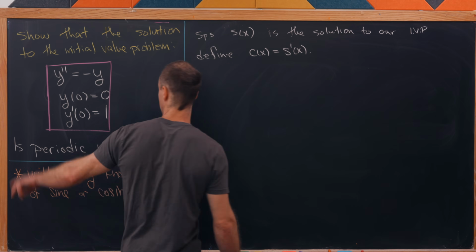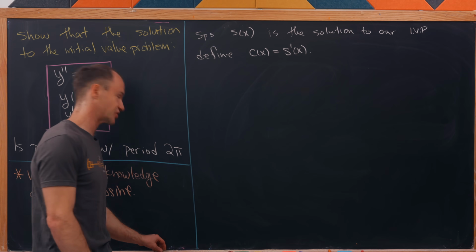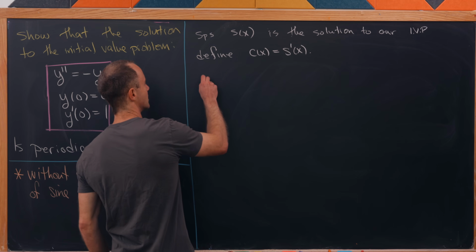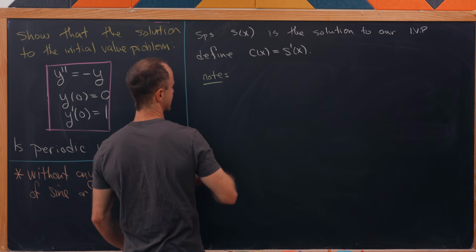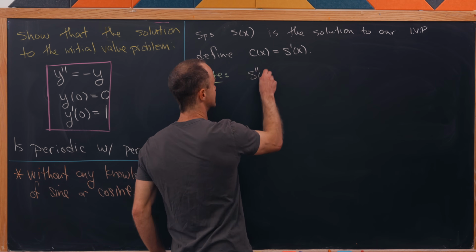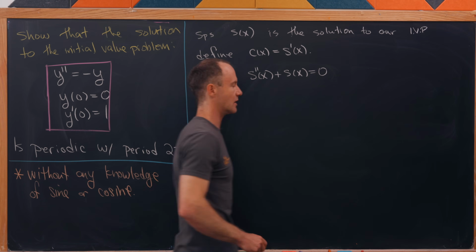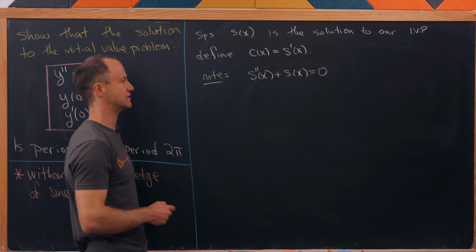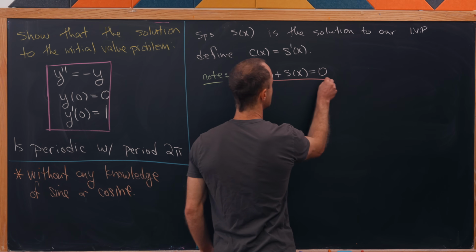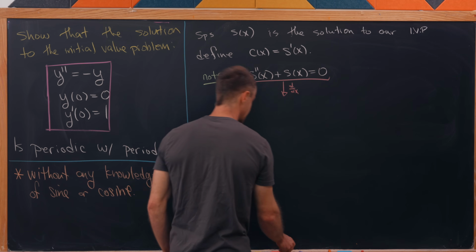Well, let's maybe rewrite this differential equation portion of the initial value problem a little bit differently. So let's notice the following. We have s double prime of x plus s of x is equal to 0. That's because it satisfies this differential equation, and then I just rewrote some things a little bit. So now from here, I'll take the derivative of this.